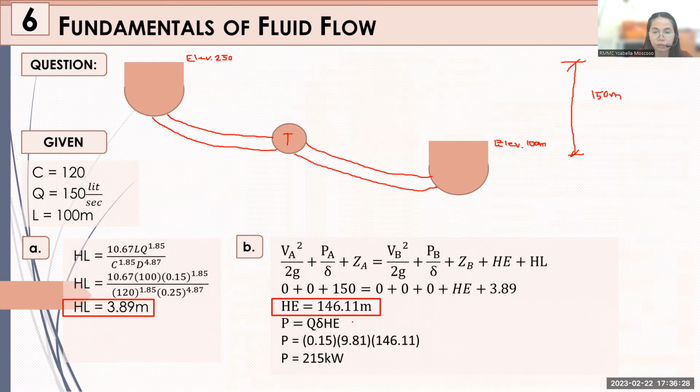Now let us get the value of your power. Power is equal to gamma Q times E. Since this is a turbine, the energy is HE. So that is 0.15 times 9.81 times the head extracted. Therefore, power is equal to 215 kilowatts.